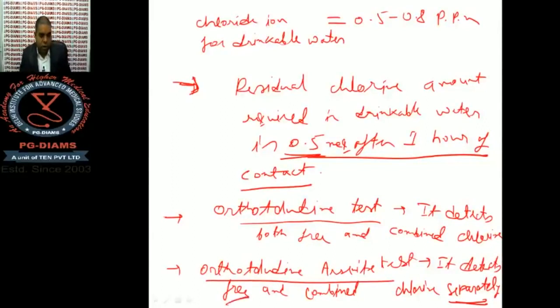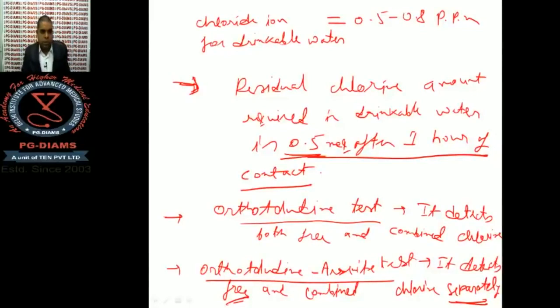If you want to know whether the water has an adequate amount of chlorine for decontamination action, then you need to know the free chlorine present in the water. That free chlorine can individually be told to you by the orthotolidine arsenite test. But if the test is only the orthotolidine test, you can detect the amount of chlorine, but you will not be able to find out whether that chlorine is free chlorine or combined chlorine.